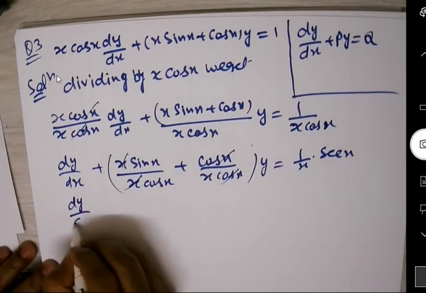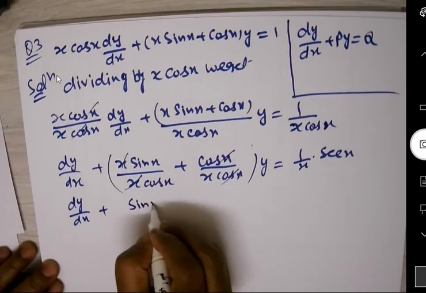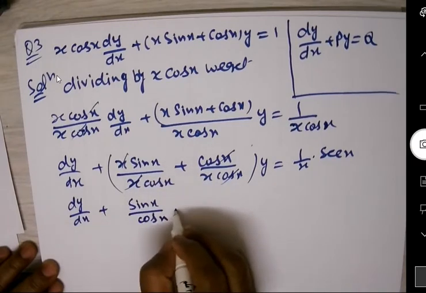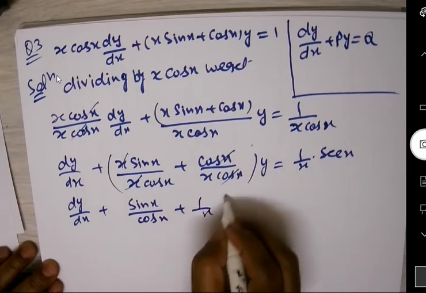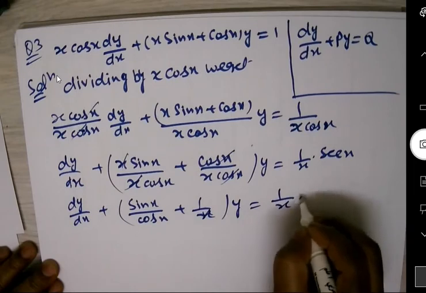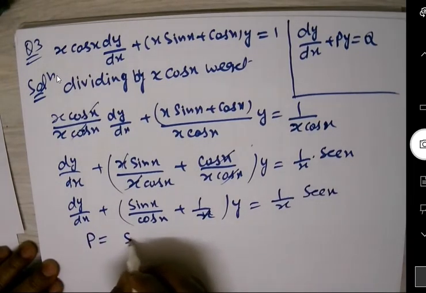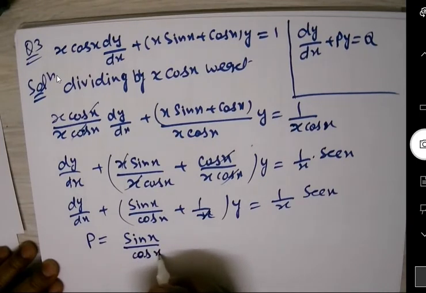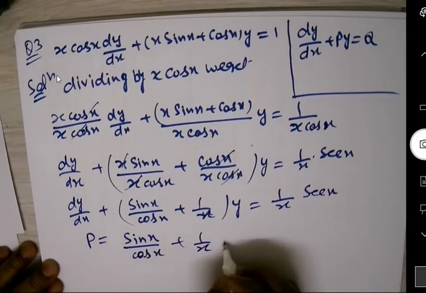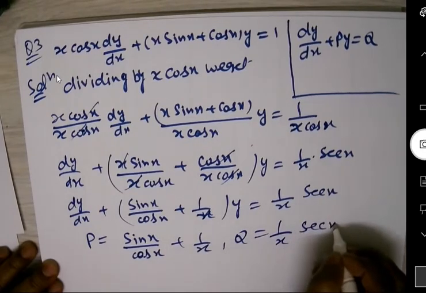So dy dx plus sine x divided by cosine x plus 1 divided by x into y equals 1 divided by x into sec x. Now p is equal to sine x divided by cosine x plus 1 by x, and q is equal to 1 divided by x into sec of x.